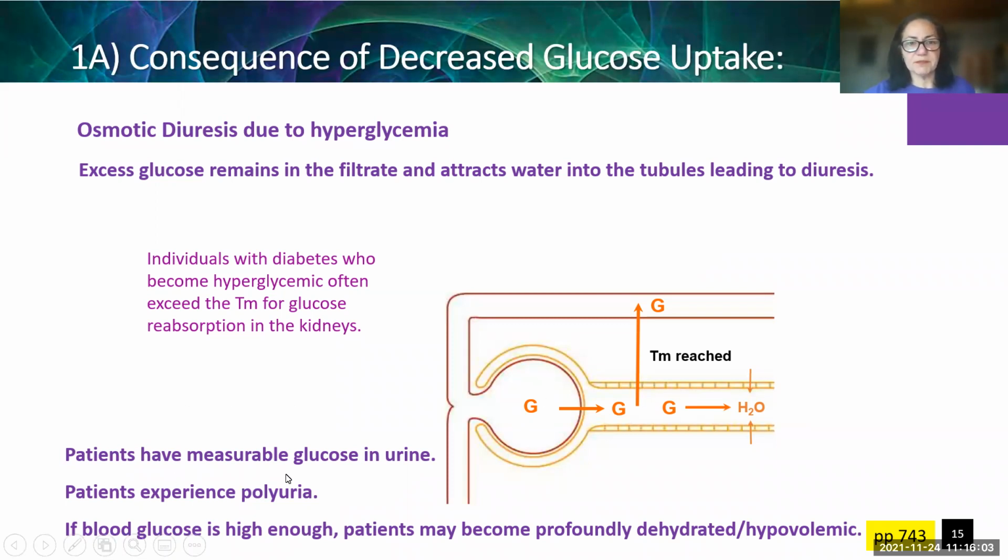The patients end up having measurable glucose in the urine and they experience huge amounts of urine output, so polyuria. And if the blood glucose is high enough, this is that acute problem where the patients can become profoundly dehydrated and hypovolemic. This can be an emergency, and I'll talk to you about different circumstances under which this happens.